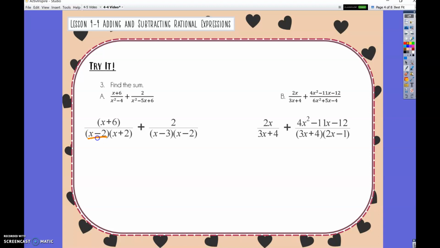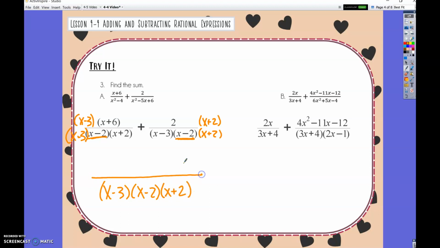These guys both have the x minus 2's. So we're going to say, well, he has the x plus 2. This one's going to want that. Whatever you do to the denominator, you must do to the numerator. And he has the x minus 3. That means this term is going to want x minus 3. So the common denominator will be x minus 3 times x minus 2 times x plus 2.